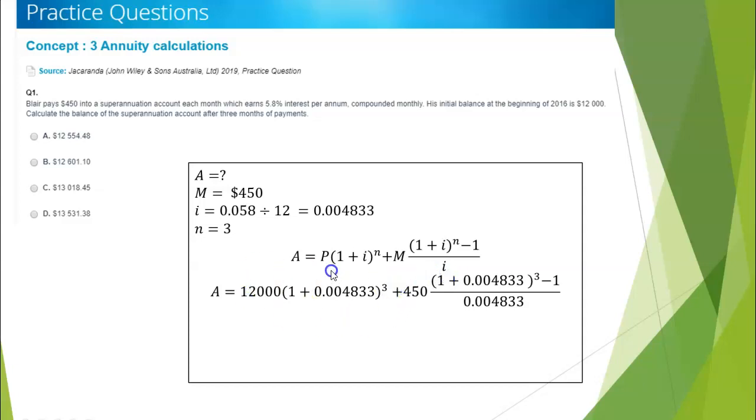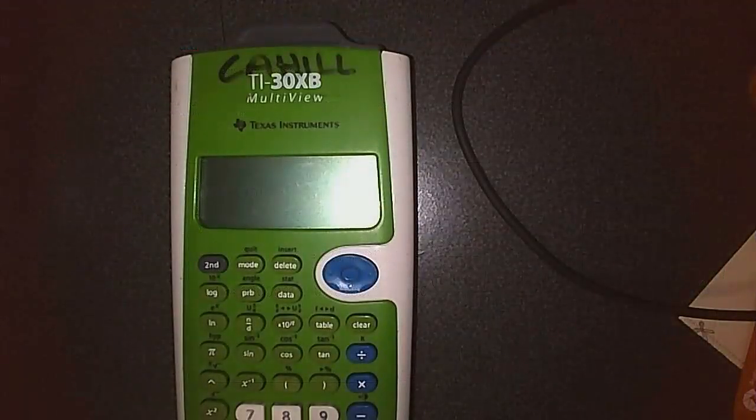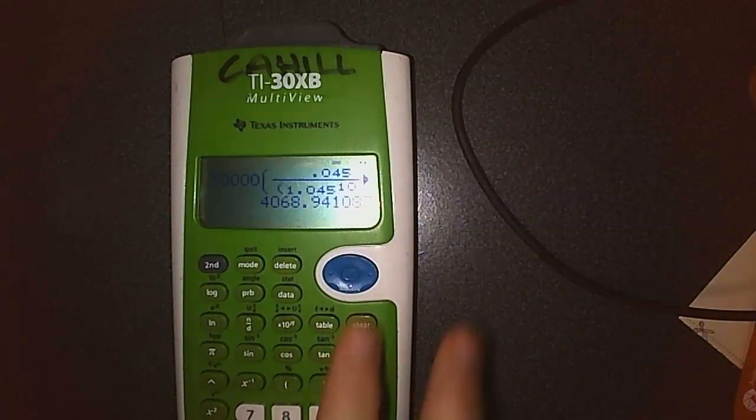So this part here is the original $12,000 using the compound interest formula, and this part here is the annuity, putting the $450 in per month. So bring up my trusty calculator, make sure that it's on, clear all the information beforehand.